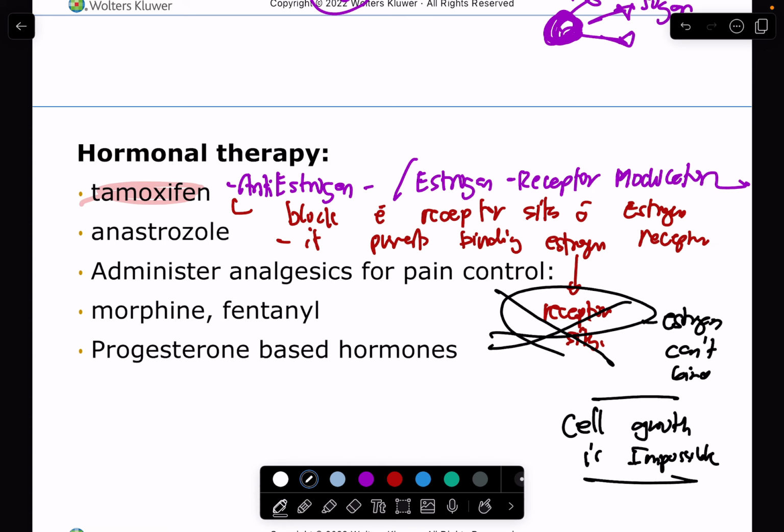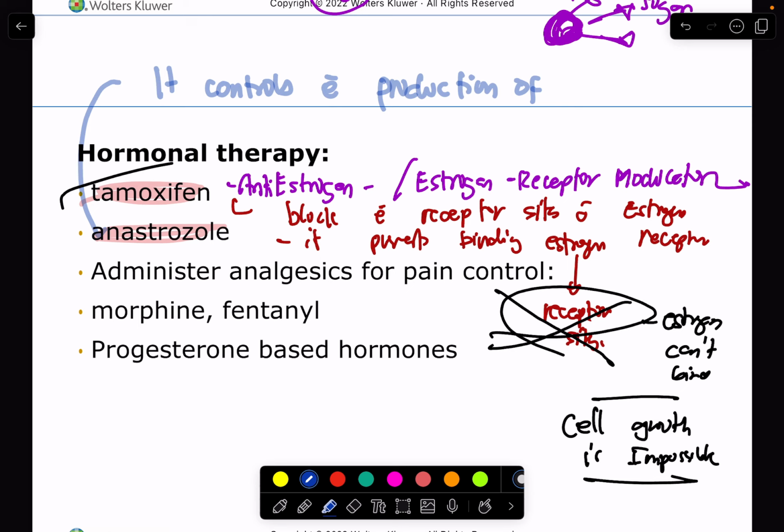That is the role of tamoxifen. Okay? And anastrozole naman actually inhibits or controls the production of estrogen. Hindi niya hinaharangan ang receptor sites, but it only controls the production of estrogen in the body.